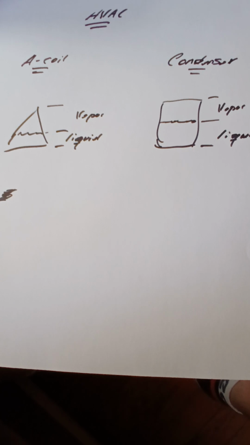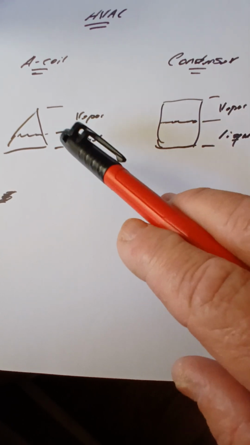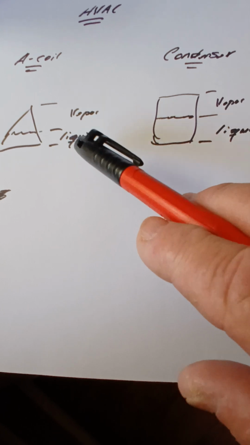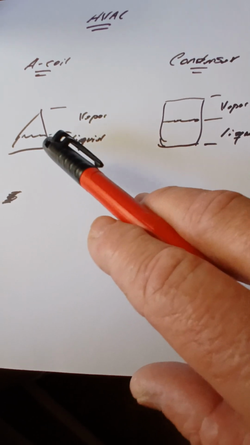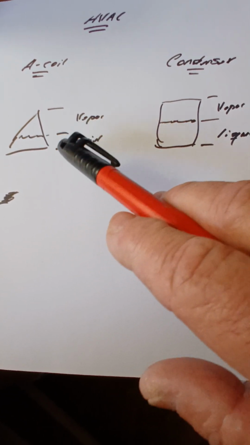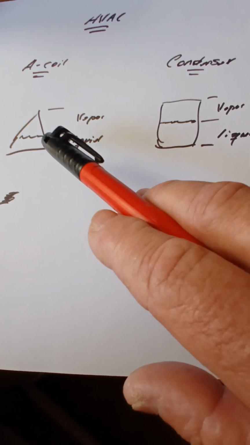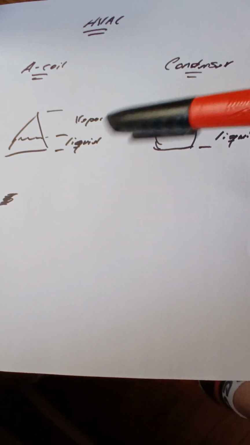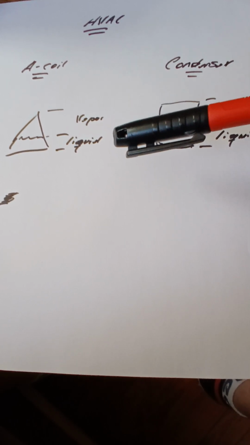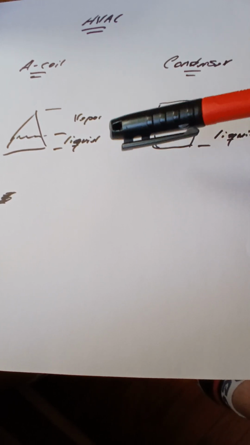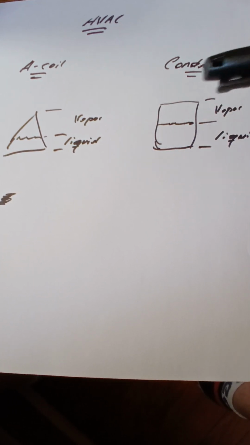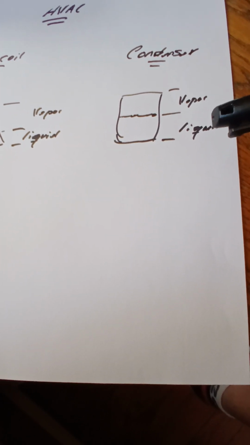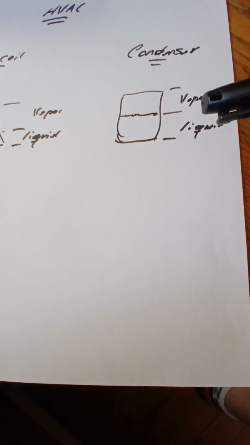Question here. When we have liquid and vapor saturated in a unit, together, say the A-coil, the bottom here is liquid. Then it begins to vaporize, and then the top part becomes vapor. So in the A-coil, the bottom is liquid, the top is vapor. Out at the condenser, it's kind of the same thing.